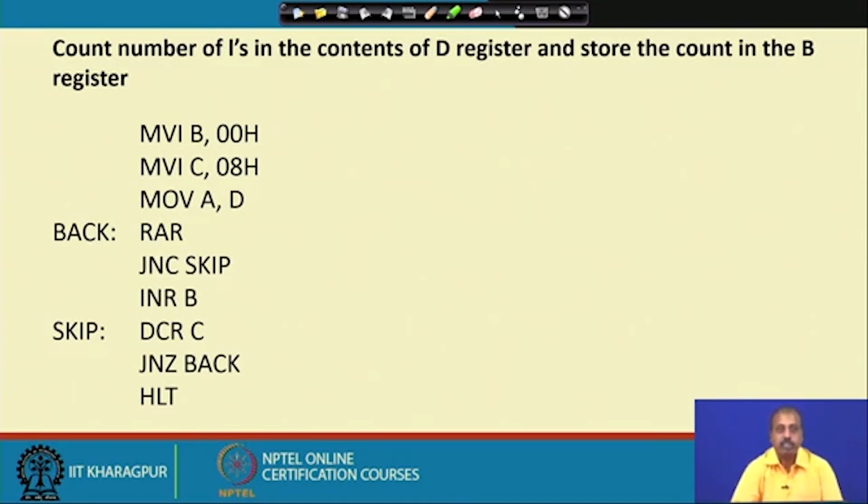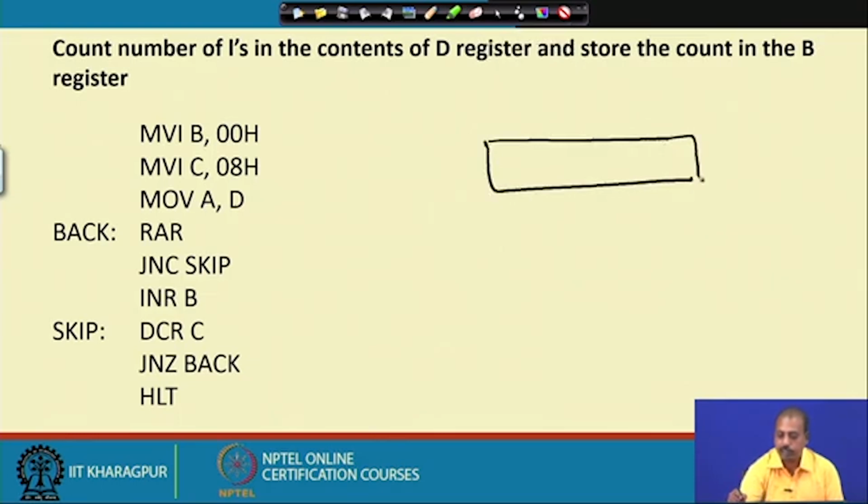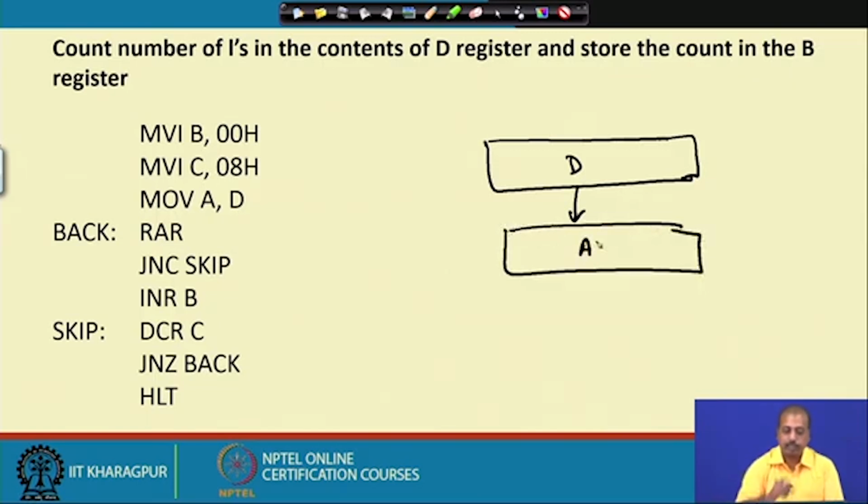The policy that we will follow is basically we will check the carry bit. If this is the content of the D register, then we transfer this content to the A register first, and then in the A register we do some rotation through carry.